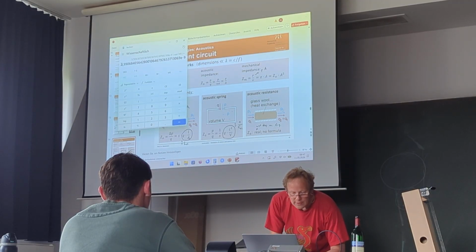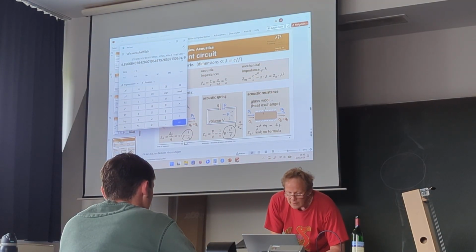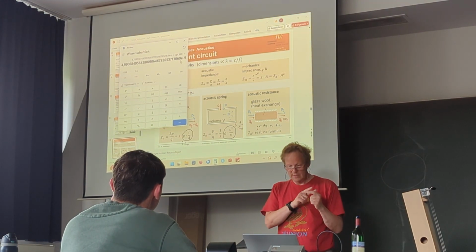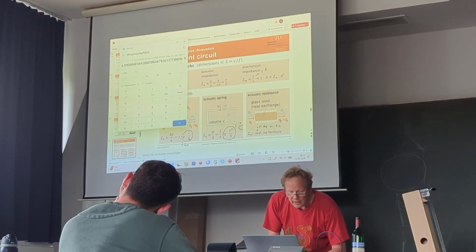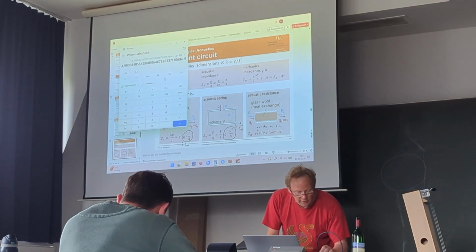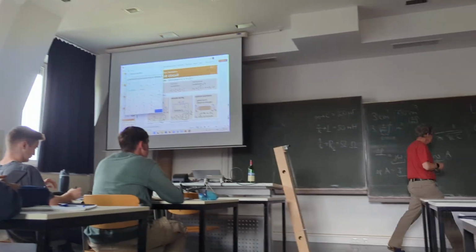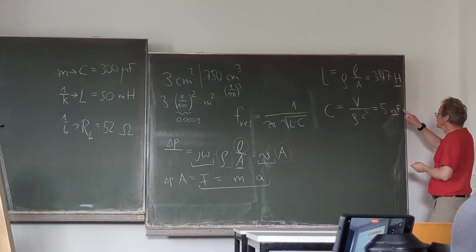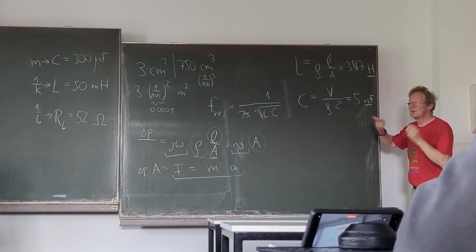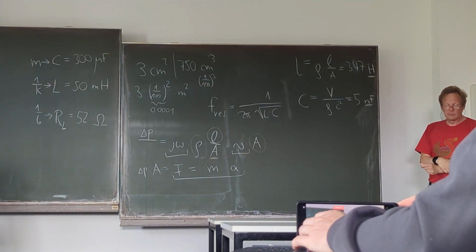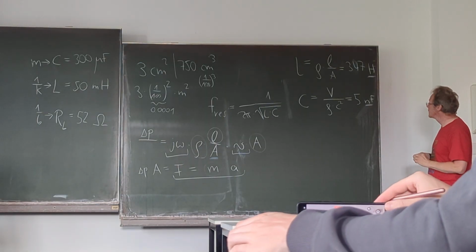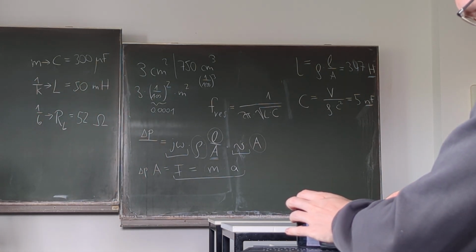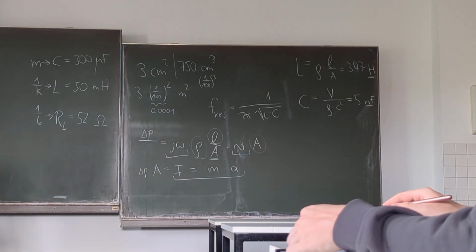And then we have a value which is very nearly 5, times 10 to the power of minus 9, which would be really nanofarads. 5 nanofarads. Again, these units will not give farads. We would need a transformer factor. We don't have that here, but electrically we can just assume this. Okay, and now we have what we need for our formula.